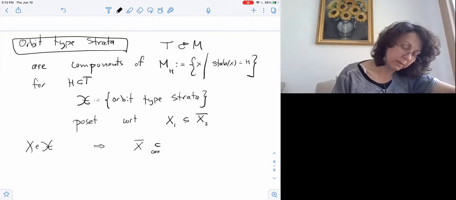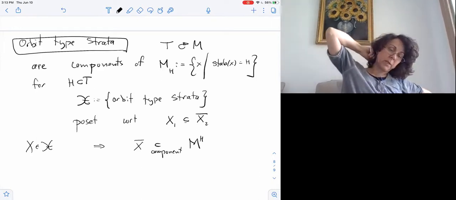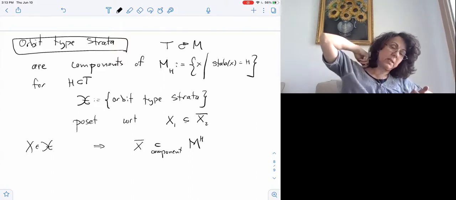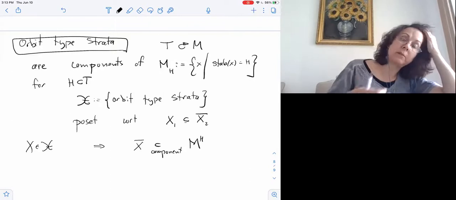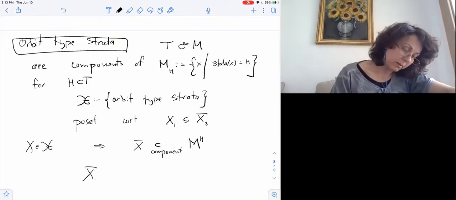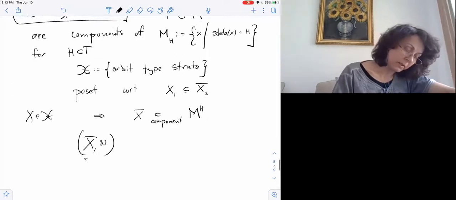It will be a connected component of the set of points whose stabilizer contains H. Previously, lower H meant points whose stabilizer is equal to H; upper H means points whose stabilizer contains H, so points that are fixed by H. So the X bars are closed submanifolds. They themselves are smaller Hamiltonian torus actions sitting inside the big one. So this is smooth, symplectic.